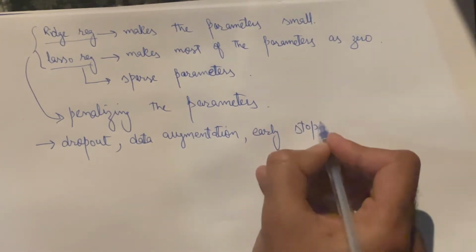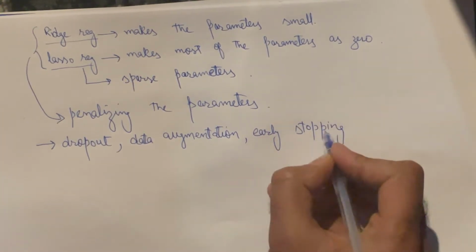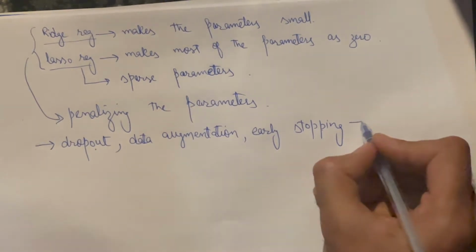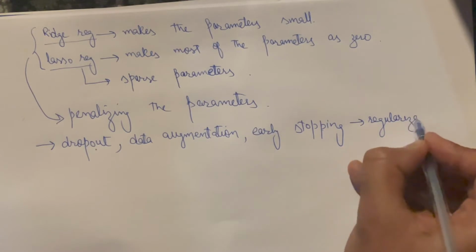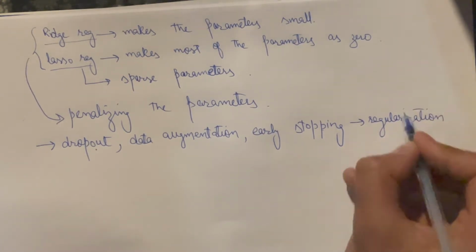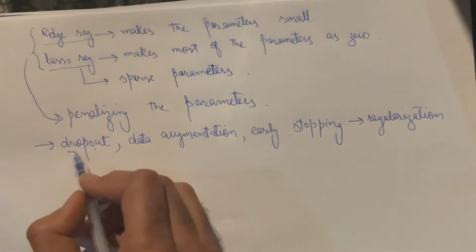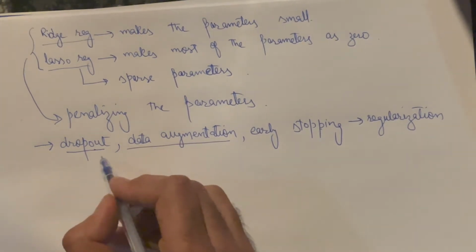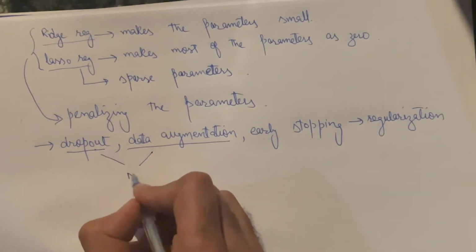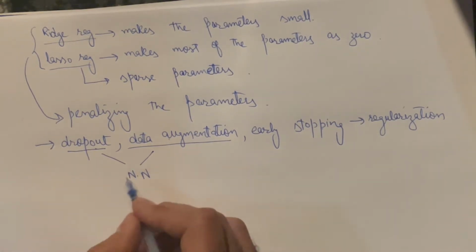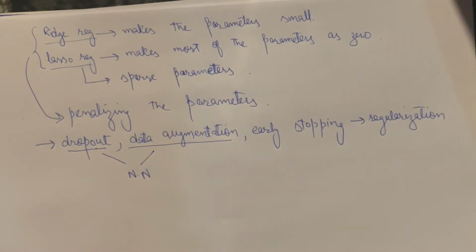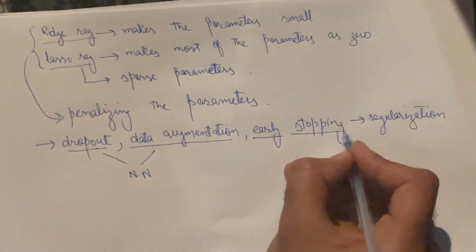These are other mechanisms of doing regularization, and there are many more. Methods like dropout and data augmentation are mostly used in neural networks, and we will discuss these when we discuss neural networks. But early stopping, we will discuss here.